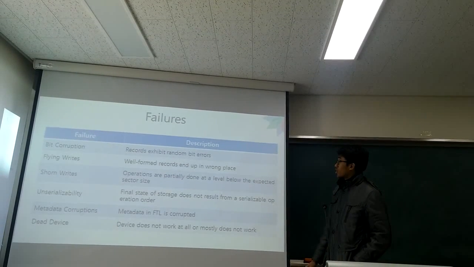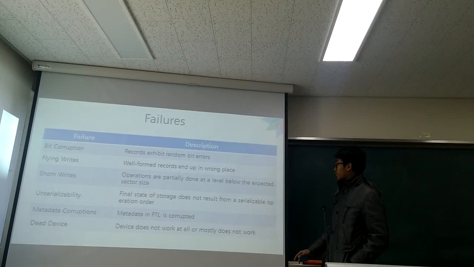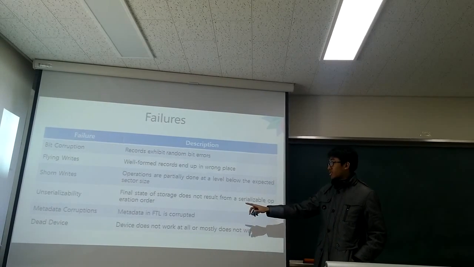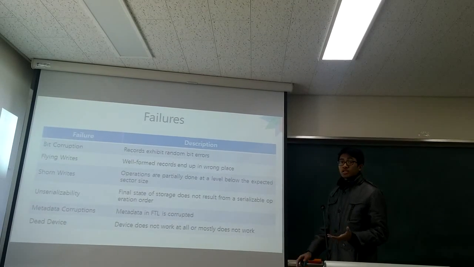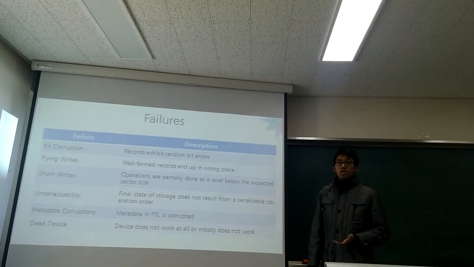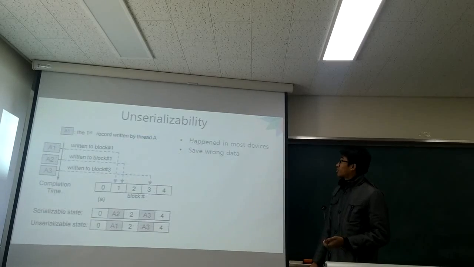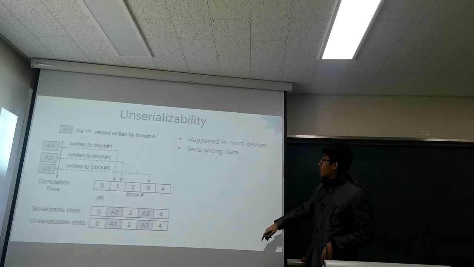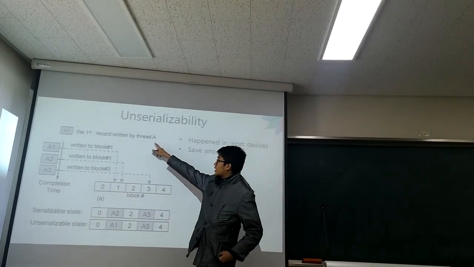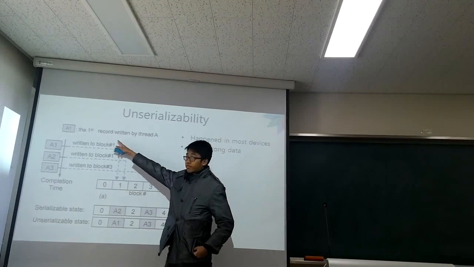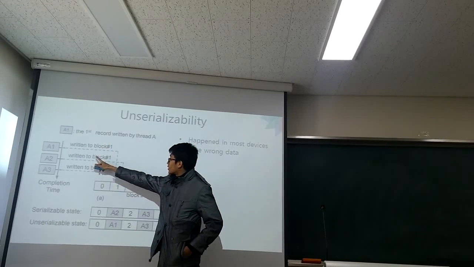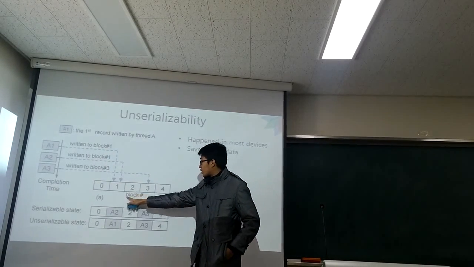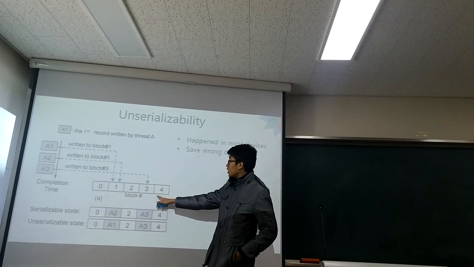And the most common error is unserializability. This is when the final state of the storage is not the result we expected. For example, we have the schematic right here. First, thread A will write the first record. There are 3 threads that write to different blocks.